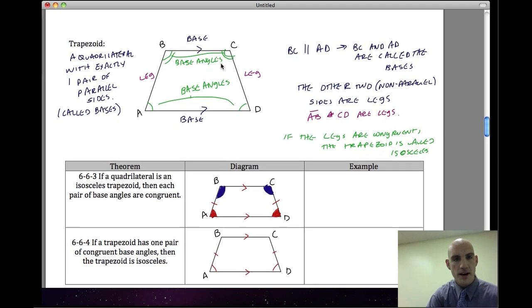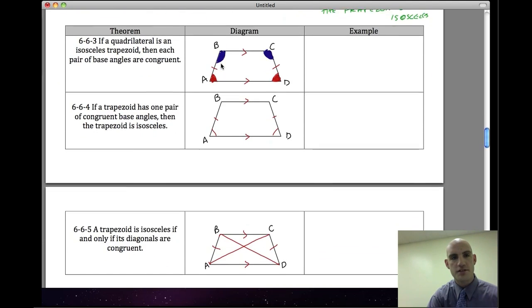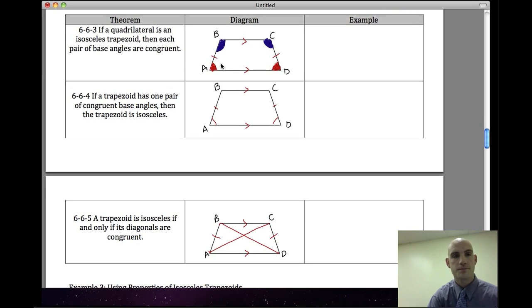If we talk about base angles and we talk about isosceles trapezoid, if a quadrilateral is an isosceles trapezoid, then each pair of base angles are congruent. So, because this is an isosceles trapezoid, it has two congruent legs, then we can say angle B is congruent to angle C, and angle A is congruent to angle D. So isosceles trapezoid is just like an isosceles triangle.